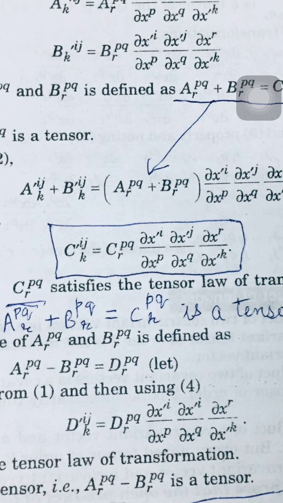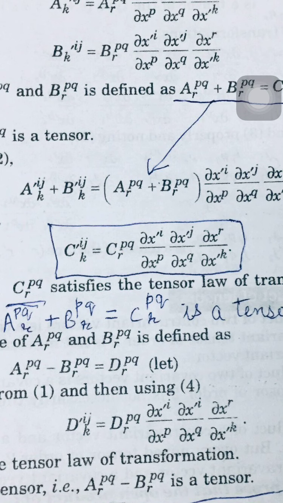We compare this relation with that relation, where C^{PQ}_R is nothing but A^{PQ}_R plus B^{PQ}_R, and C dash^{ij}_k is nothing but A dash^{ij}_k plus B dash^{ij}_k, denoting the addition of two tensors A plus B as C. If it is in the dash system, then dash system; if it is without dash system, we take without dash system with the same indices.